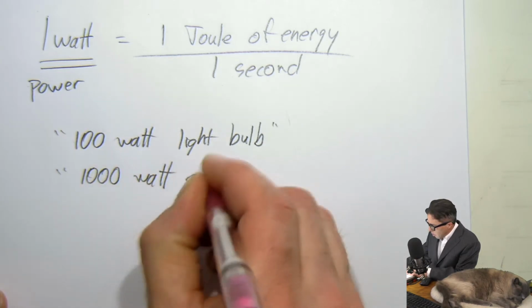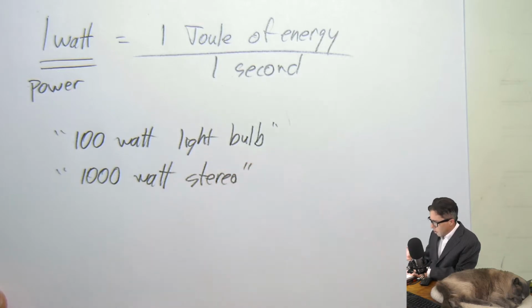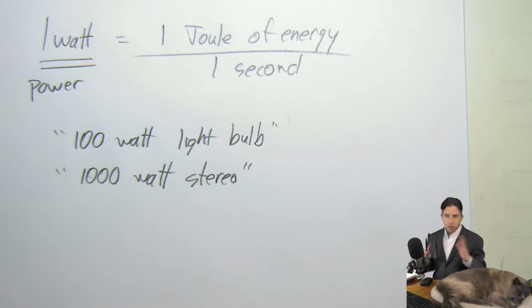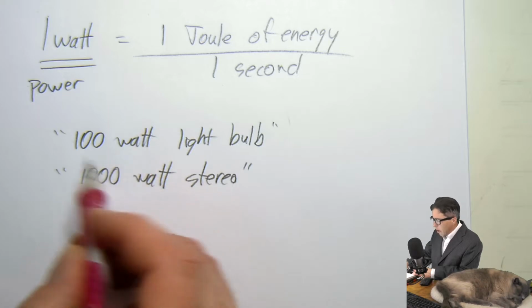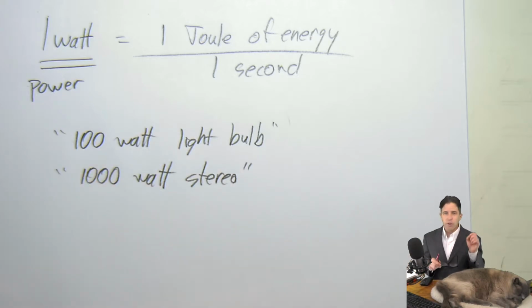If you have a hairdryer, on the side it might have a number like 1300 or 1350. That's its rating in watts. So watts is something you probably have heard of before. And this is all power. A 100 watt light bulb means it uses 100 joules of energy, of electricity, every second. A 1,000 watt stereo is capable of using 1,000 joules a second.